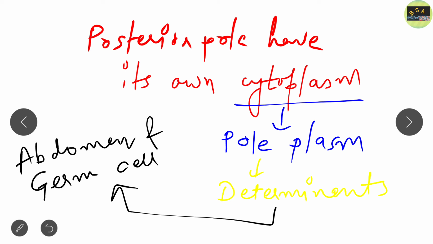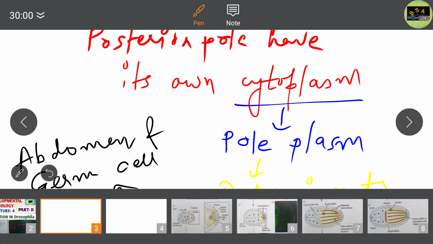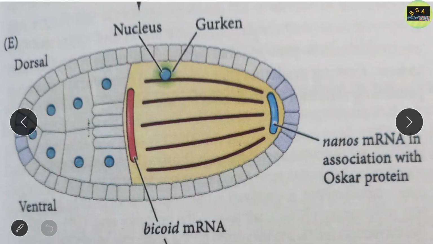Now next, look at this figure. Cytoskeletal rearrangement occurs in the oocyte.